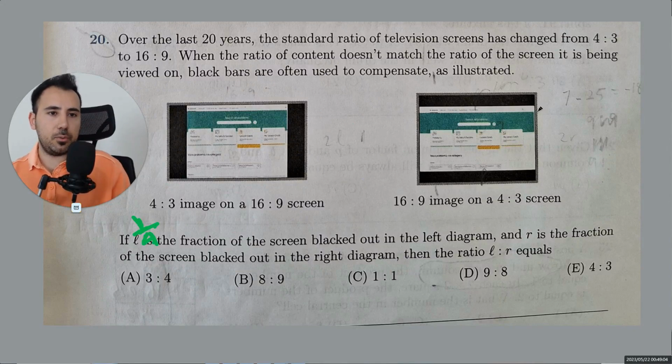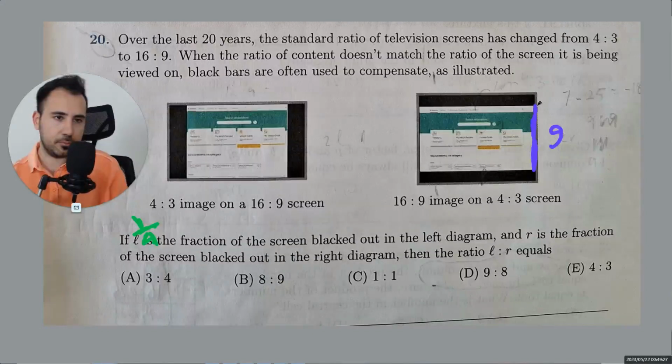Okay, now which one is easier to start? You see, if I call this 3 and this 4, my job will be harder. So let's just call this 1. Okay, this one is 9. This one is 16. Again, it's a ratio question. Don't worry about anything.